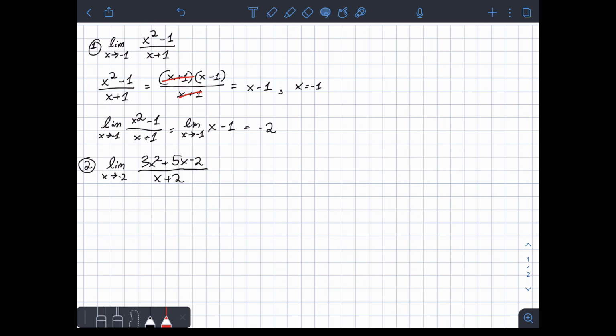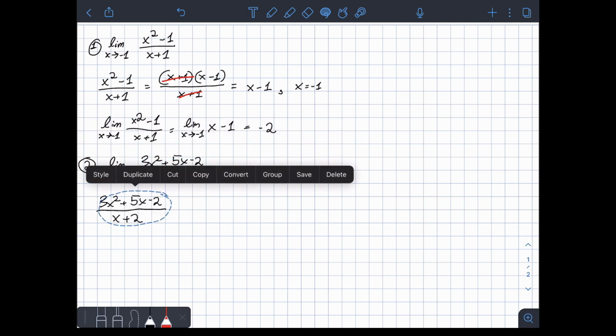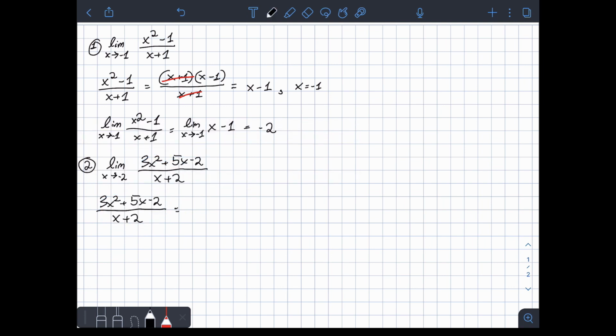However, this function is equivalent to, so we get 3x times x. If we make this a positive 2, this a -1, and we get that.